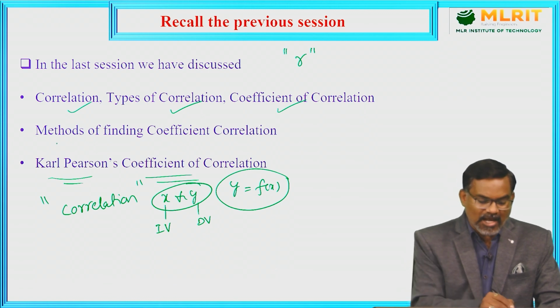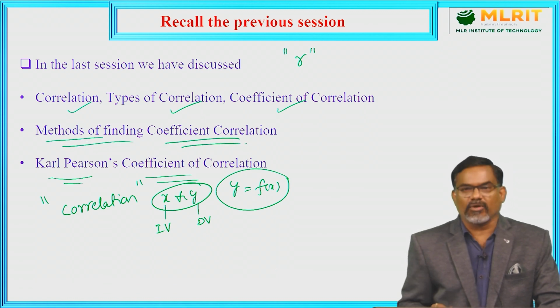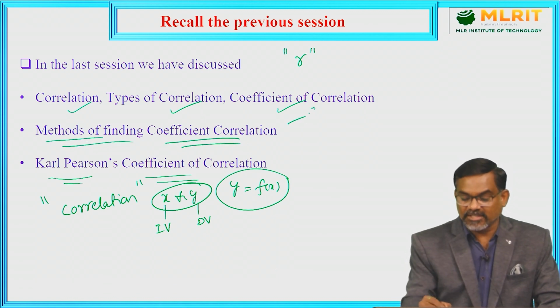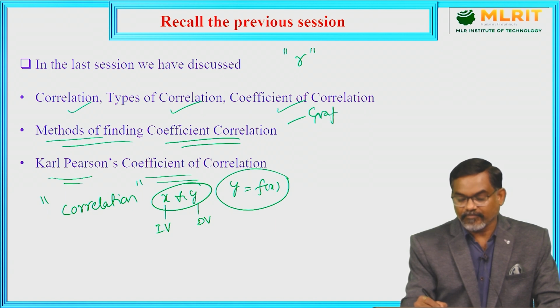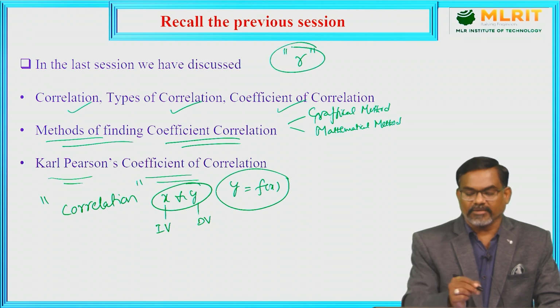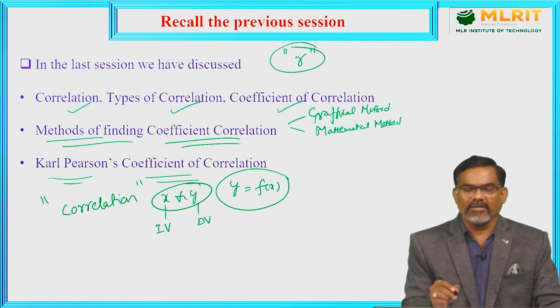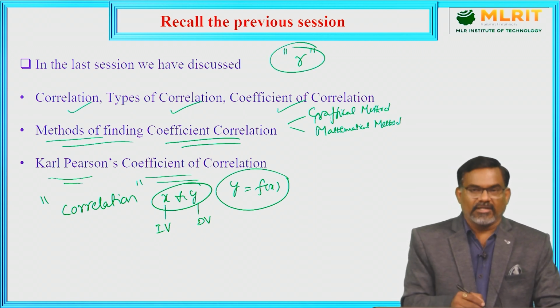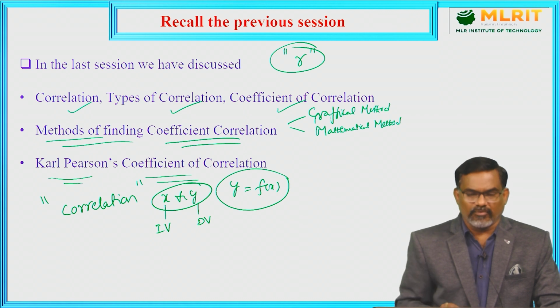And there are many methods to find the coefficient of correlation. One of those methods is the graphical method, and also the mathematical method. Using a mathematical formula, we find the value of r. So by finding the value of r, we can study the relation between the two variables.